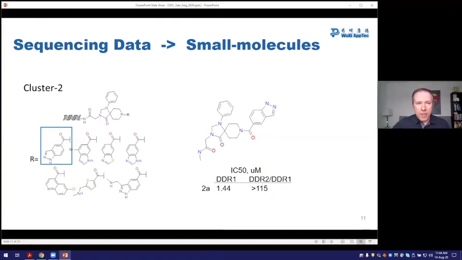And one of these structures, which we call compound 2A, was indeed selective for DDR1 over DDR2 by greater than 100-fold. Now, this hit wasn't by itself terribly potent. It was single-digit micromolar potent. So weakly potent, but selective.